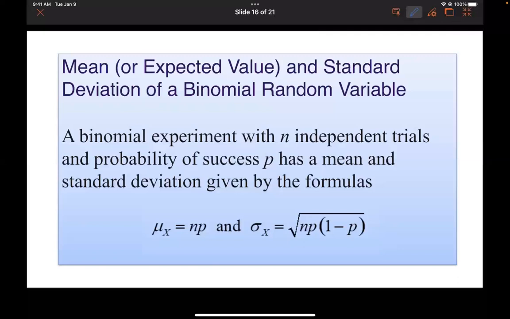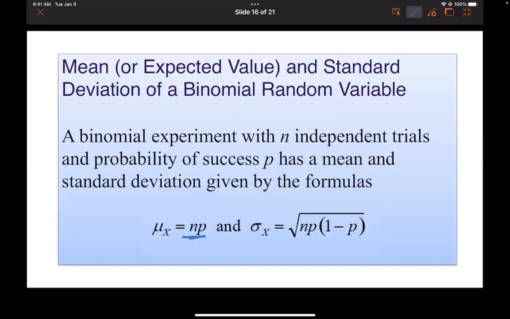It's no different than saying that somebody has $10,000 and I have 80% of what they have. Well, I just multiply that by 0.8. I have $8,000. So it's just that math for getting the mean because it's an expected value. This is how many successes you would expect to get. So it's just the number of trials times the probability of success.